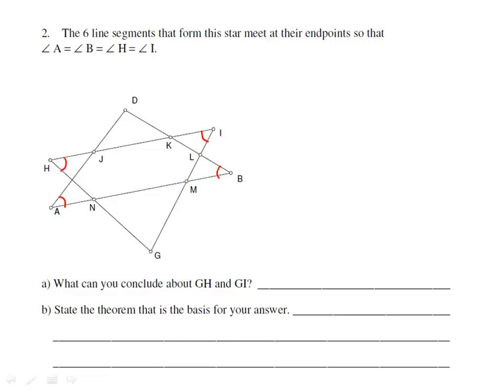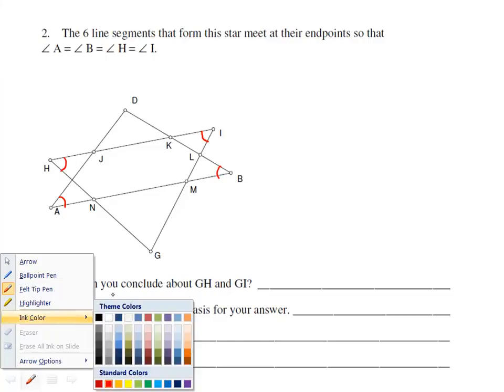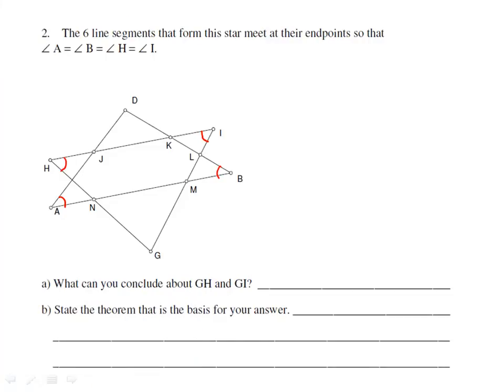Alright, now here's something I recommend for this, that you would do well to separate out these triangles. You don't have to make a great accurate drawing, just something that helps you keep track of everything.